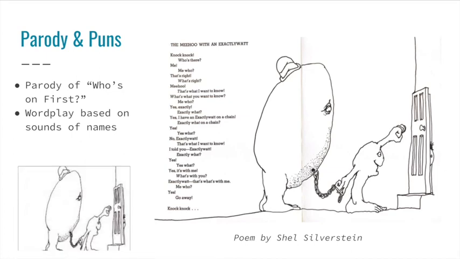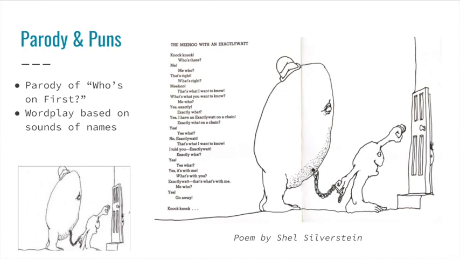Knock, knock. Who's there? Me. Me who? That's right. What's right? Me who? That's what I want to know. What's what you want to know? Me who? Yes, exactly. Exactly what? Yes. I have an exactly what on a chain. Exactly what on a chain? Yes. Yes, what? No. Exactly what?